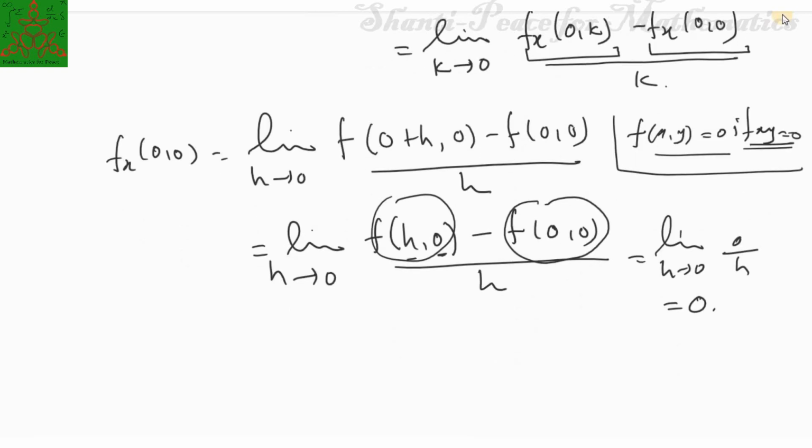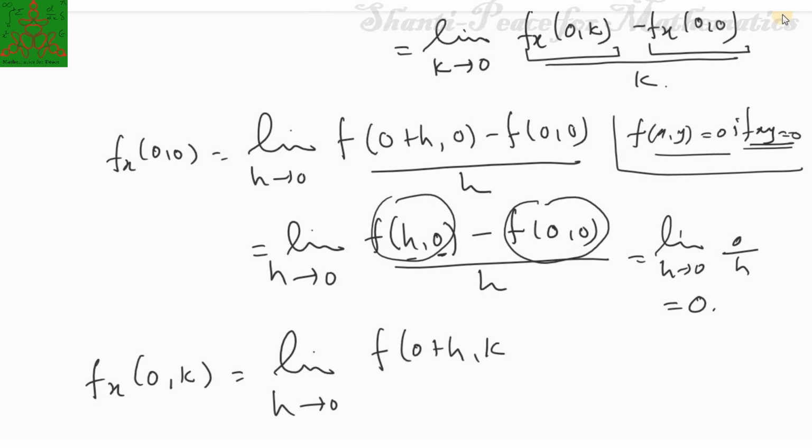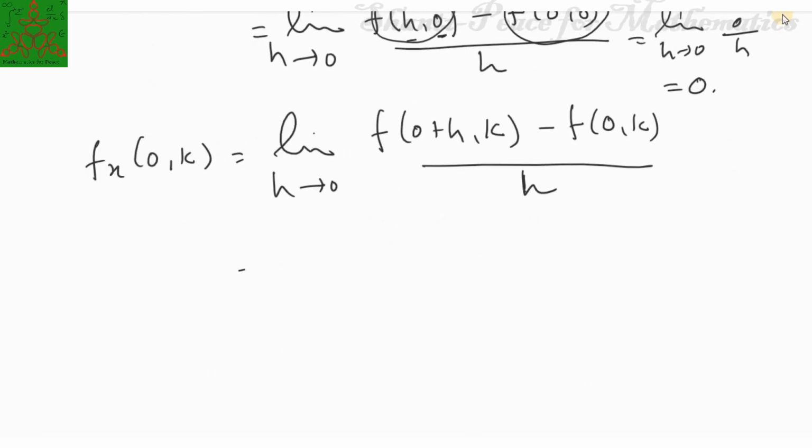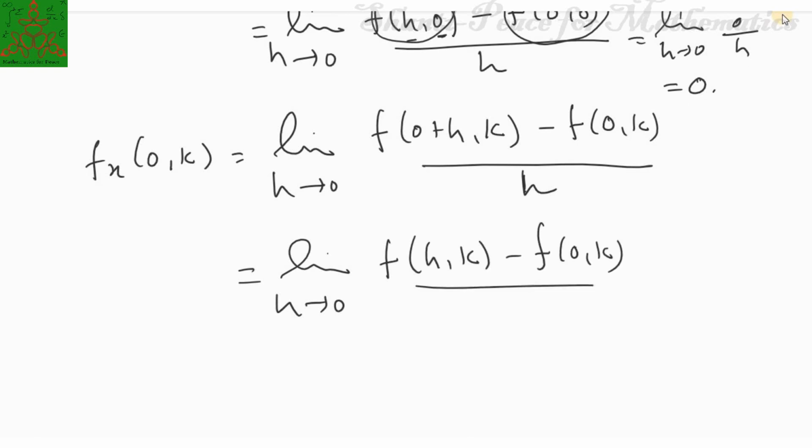Let us calculate fx at (0, k). That will be limit h tends to 0 of f at (0 plus h, k) minus f at (0, k), upon h, and now this will be limit h tends to 0 of f at (h, k) minus f at (0, k), upon h.